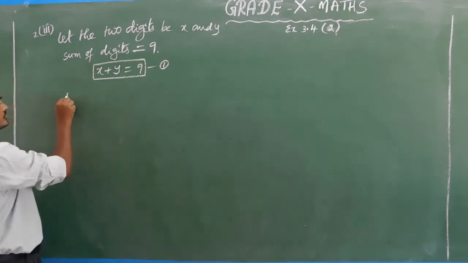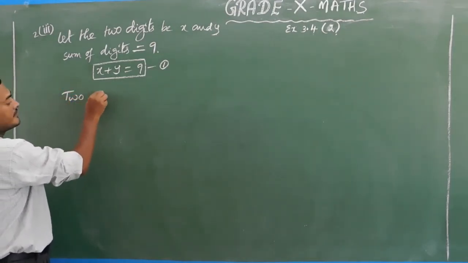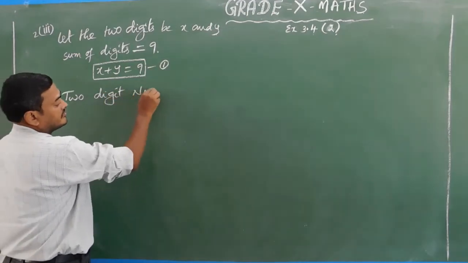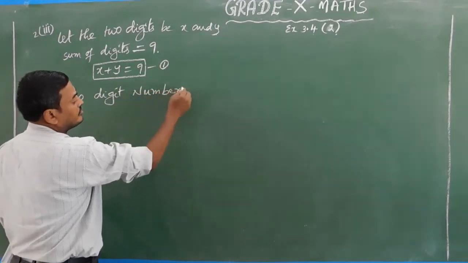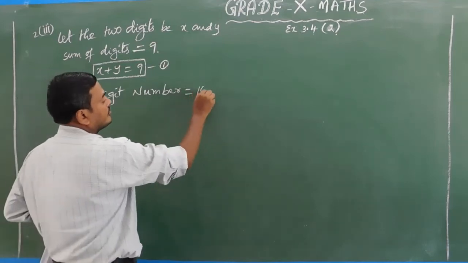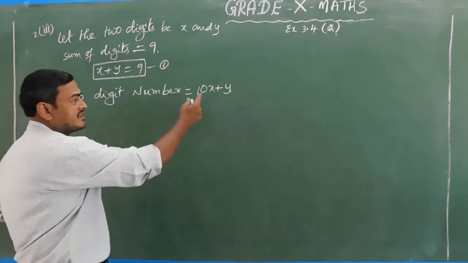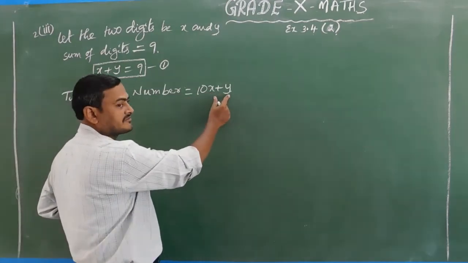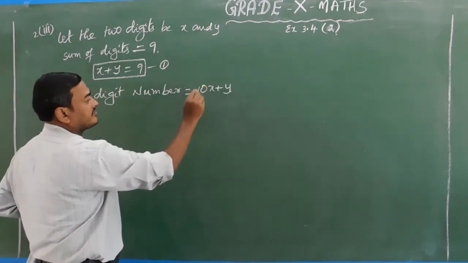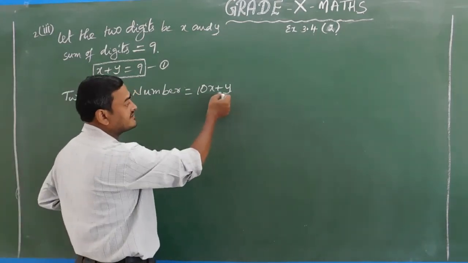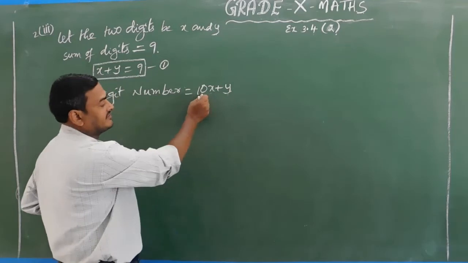Now the two-digit number equal to 10x plus y. This is the general form of a two-digit number. Here y will be the 1's place and x will be the 10's place.